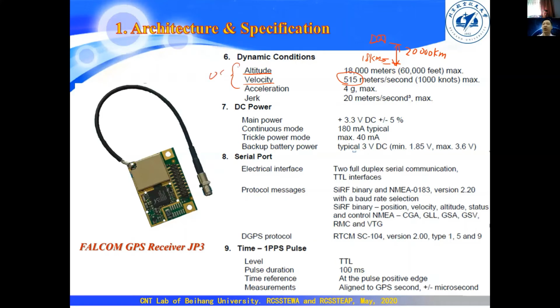Probably if you buy a chip from Europe, it is similar, but if you buy from Russia, probably it doesn't have such limitations. It's not a theoretical limitation, it's just from political policies, the export limitation. And commonly a receiver will tell you acceleration of 4G maximum, and the jerk, in this case, is 2G per second.